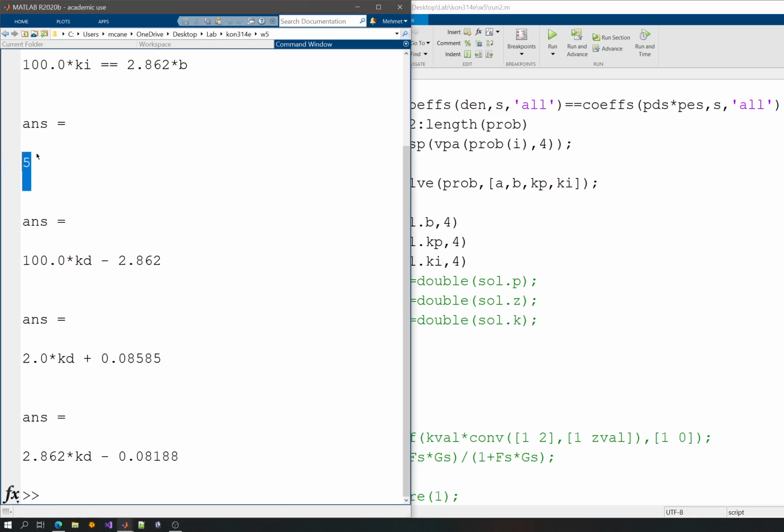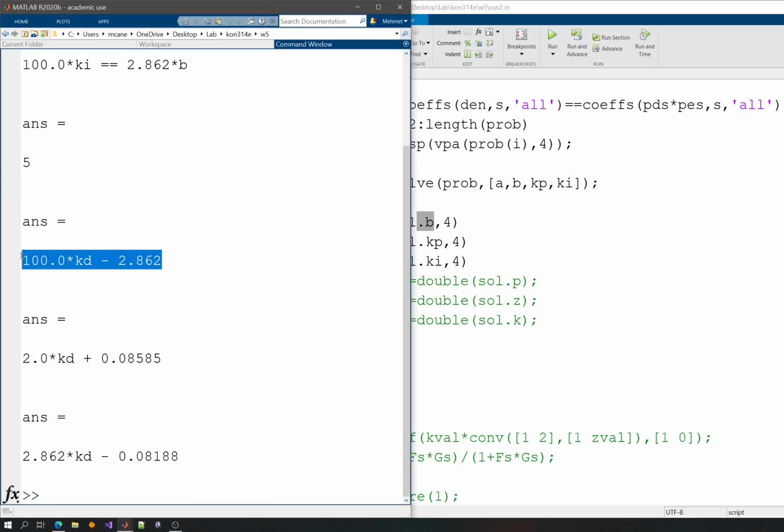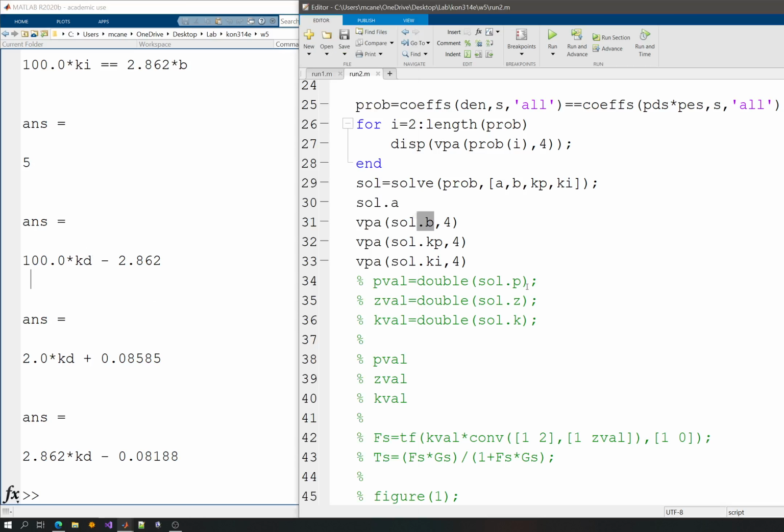I can see that this was 5, and I did also calculate that, which wasn't a big deal. And also I can see that my B parameter is like this. So this means that having a positive KD value, or a value of minus 2.862 divided by 100, KD should be bigger than that, so I will have a stable solution.